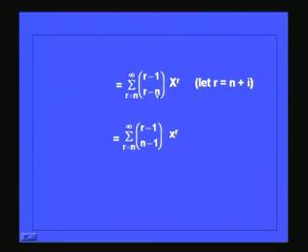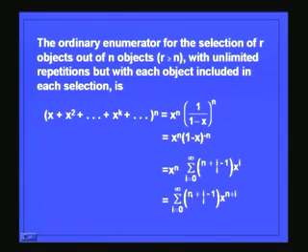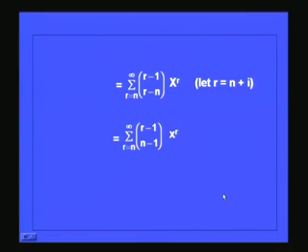Now, the coefficient of x power r, which is C(r minus 1, r minus n), you can also rewrite in this way, because C(n, r) is equal to C(n, n minus r). You can rewrite this expression like this.